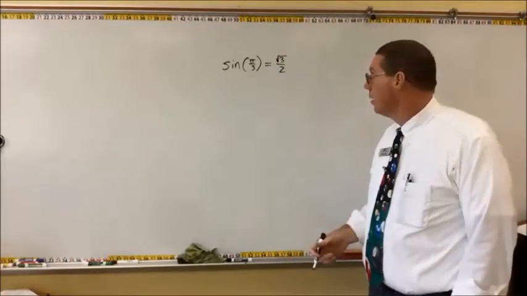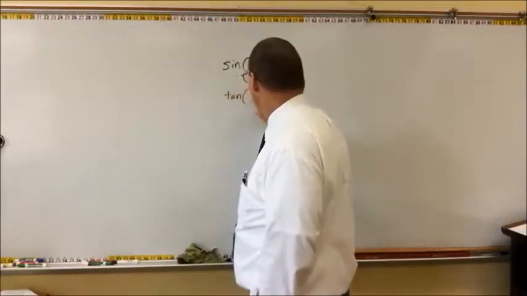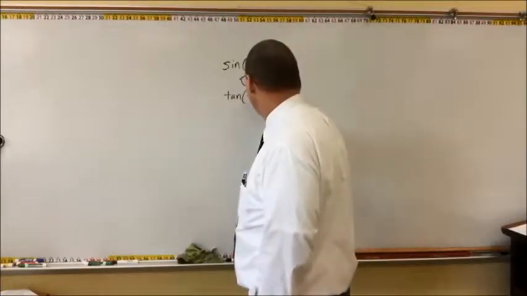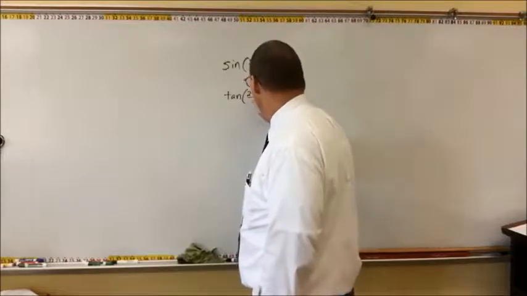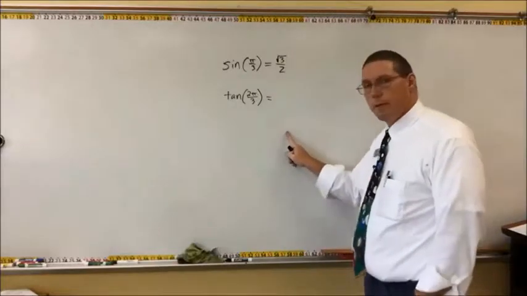Okay, all right. I've asked you, hey, what is tangent of 2 pi over 3? Well, you're going to go around the unit circle to somewhere right about over here.